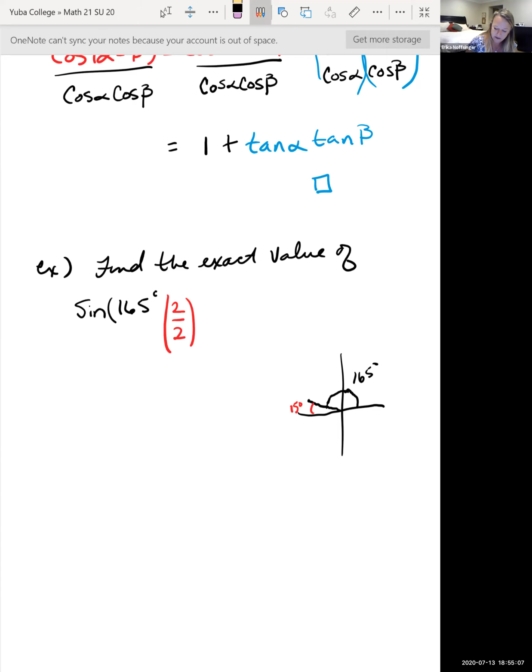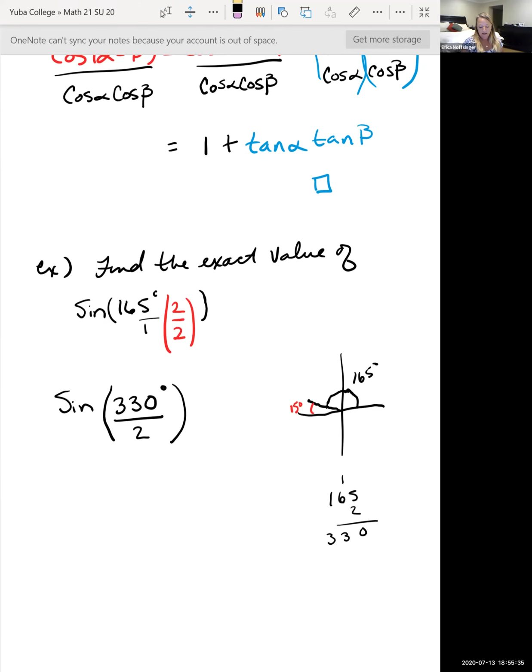If we did that, we would get back sine of 165 times 2, which is 330 degrees, all over 2. So I notice I can use my half angle formula.